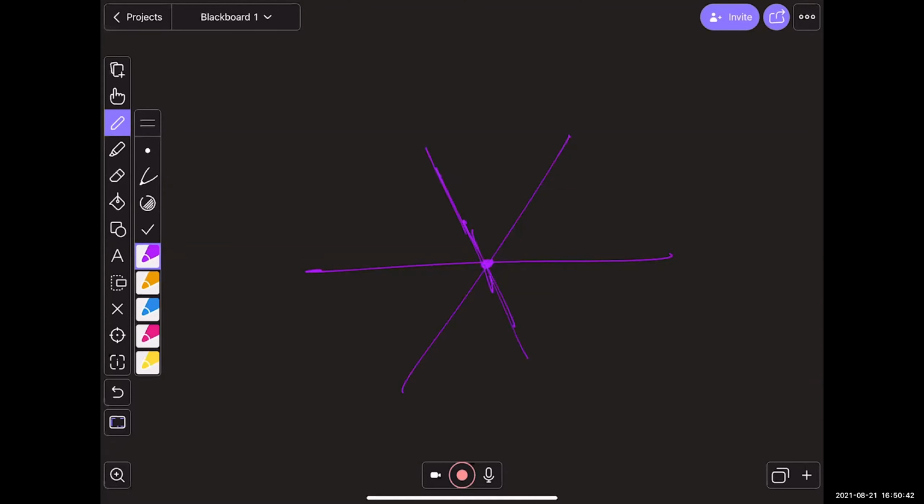Let's say that these three lines all intersect at this point. I know I've drawn it a little bit off, but for the sake of the diagram, these three lines all intersect at the exact same spot. We say that these three lines are concurrent. That means that all of these lines intersect at one same spot.